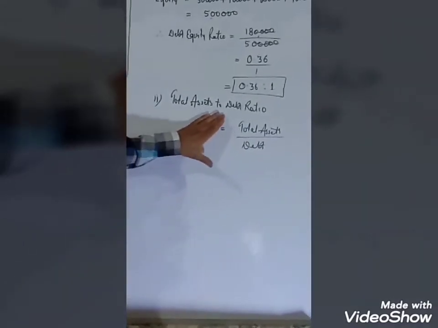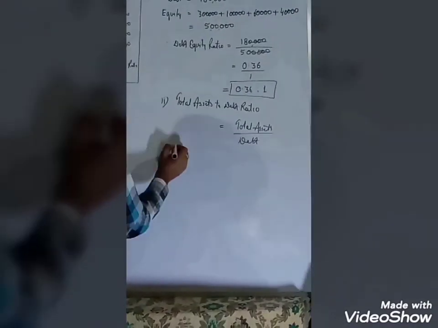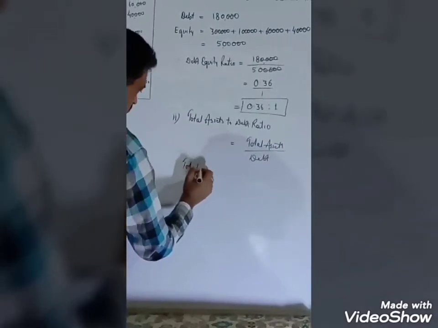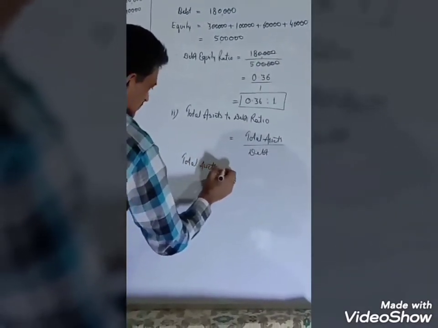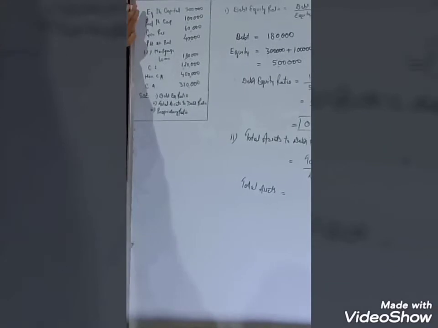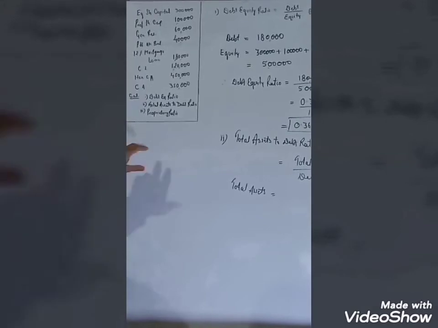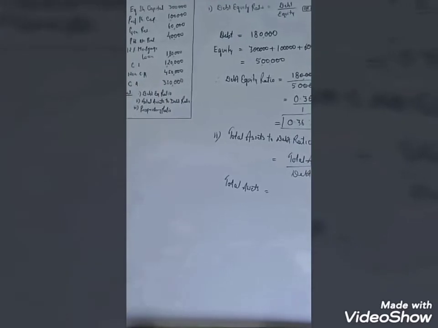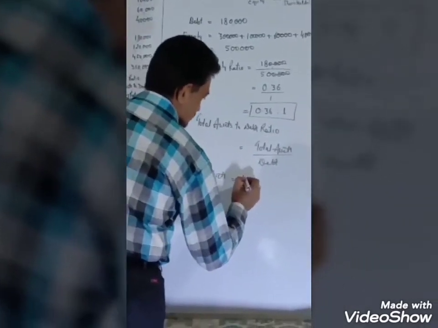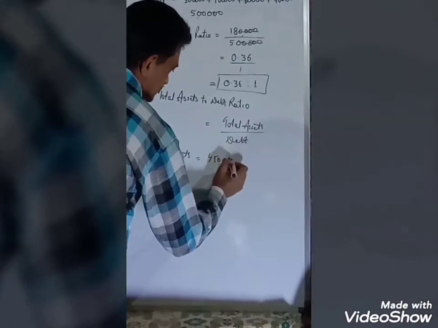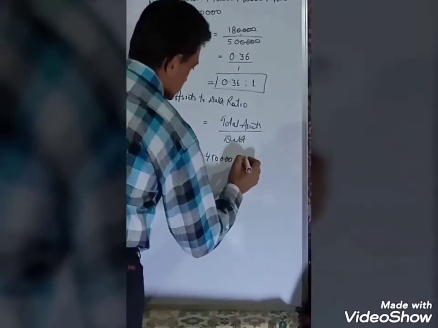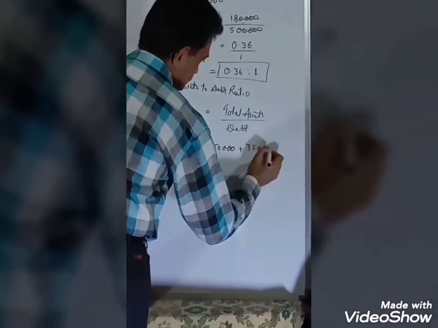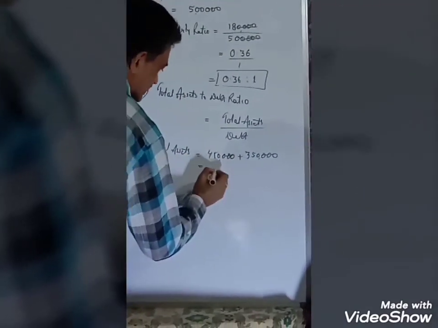First of all, we have to calculate the total assets. Total assets, we are having share capital, preference share, general reserve, profit and loss balance, loan, current liabilities. This is non-current assets rupees 4,50,000 and current assets rupees 3,50,000. So this will be 8 lakh.